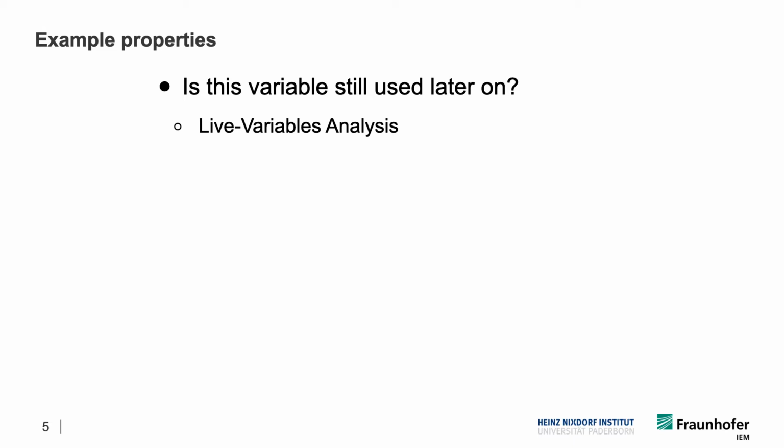So often when a compiler wants to make a program execute fast, it tries to allocate as many local variables as possible into registers, for instance, because registers can be accessed really quickly. And then, of course, it's interesting to know how many variables are live at the same time. Can I still put them all into registers, or do I need to spill them into other memory locations?